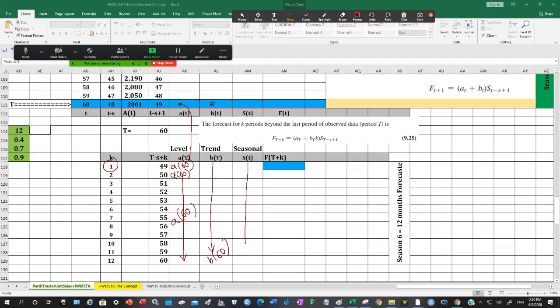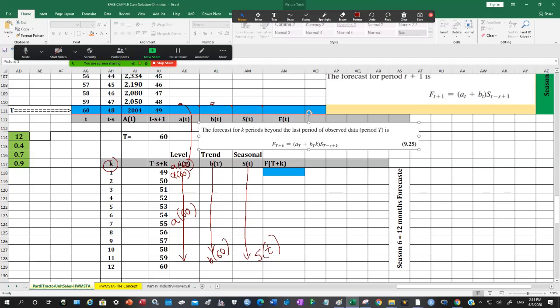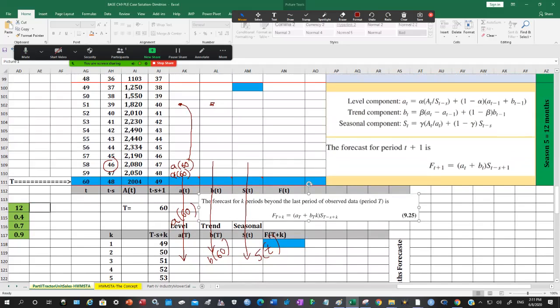This is s of t, and in the formula for s of t, actually, I don't know if we need that here.